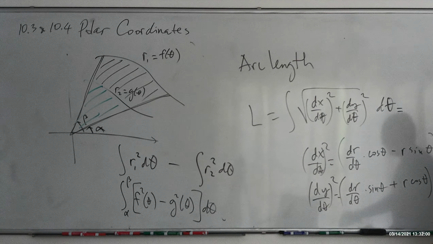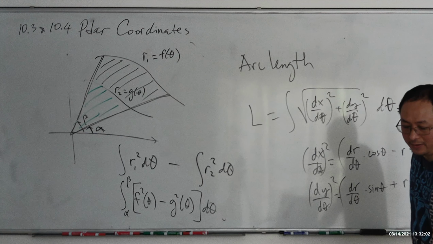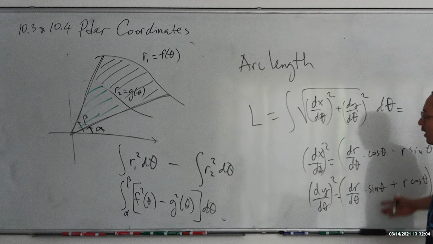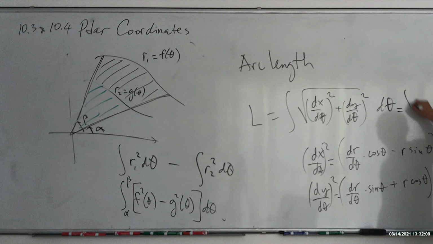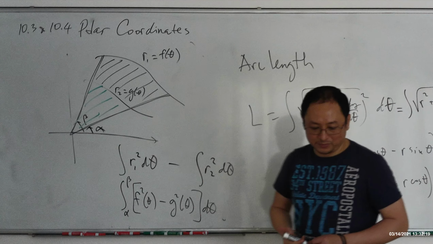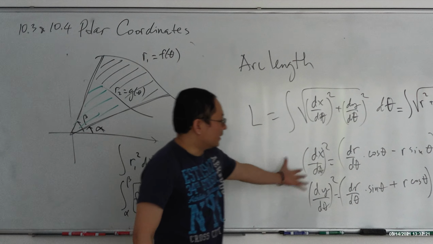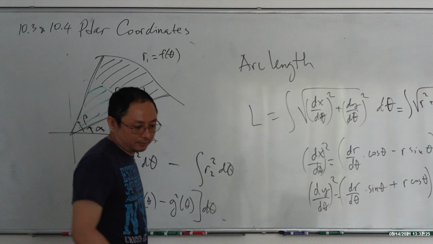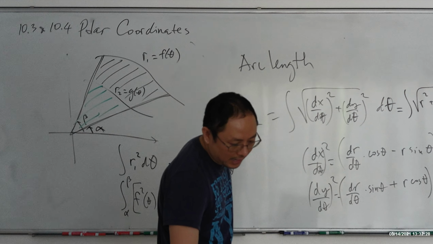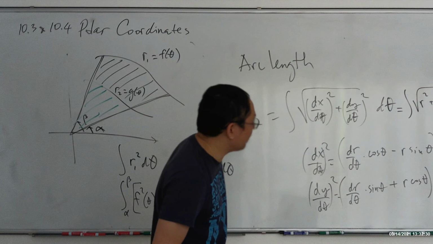I'll let you multiply them all out and combine like terms by yourself, but you simplify. This thing is really the square root of r squared plus dr over d theta squared, d theta. Right? So it's really short: r squared and then the derivative squared. The math comes from here. Okay? And that is how you get the formula for the area and the arc length.